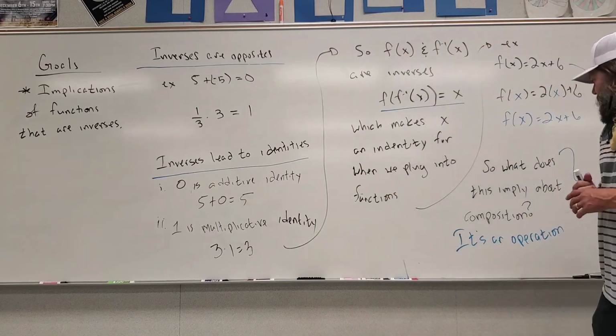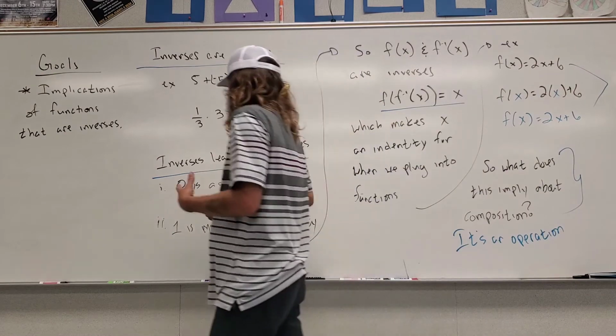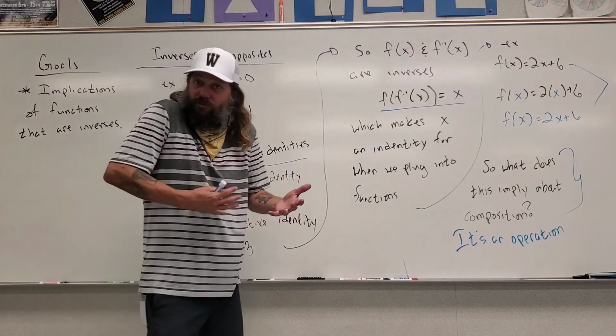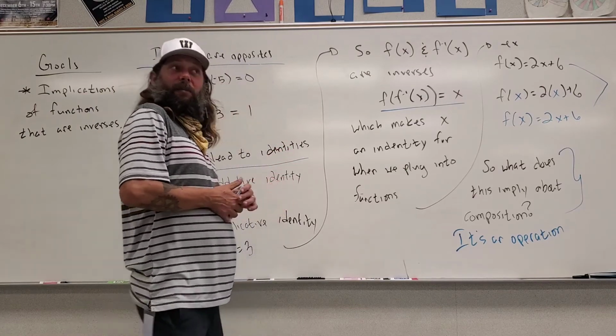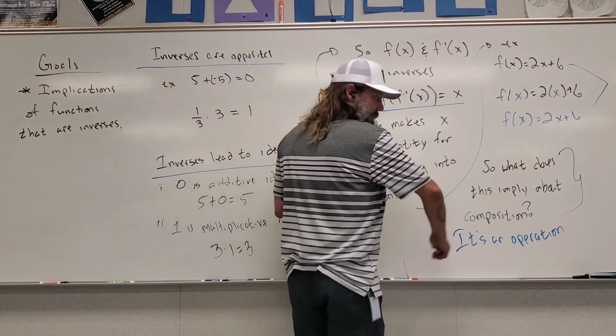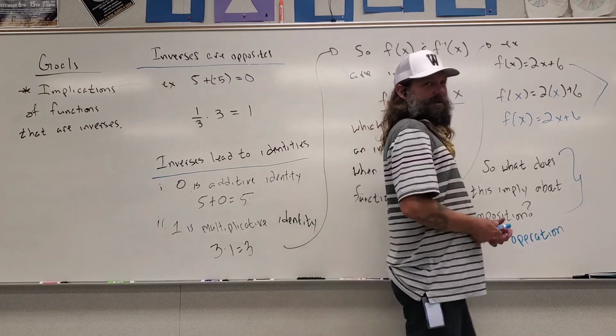But here's what I believe to be a simple example of functions behaving like numbers, which implies that they must be a structure like numbers. So behavior becomes very important, and it's because of similarity in behavior that we can reach this conclusion that composition must be an operation.